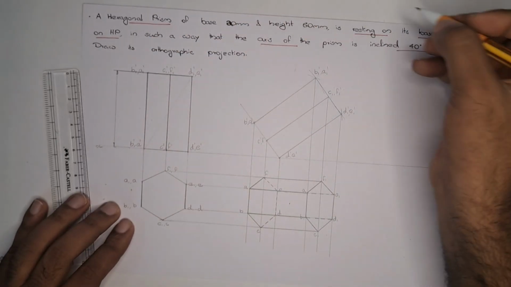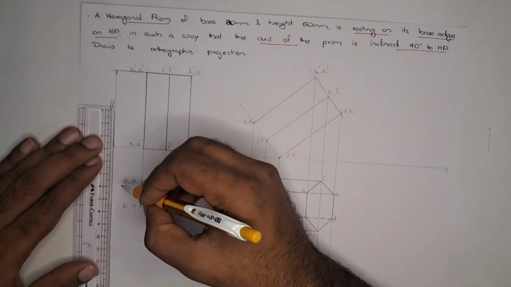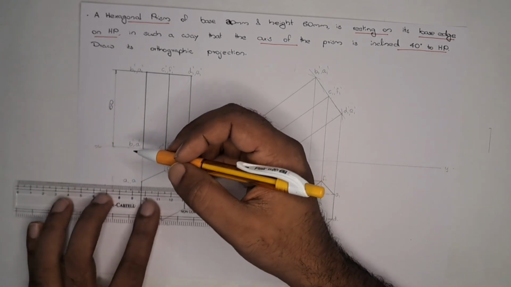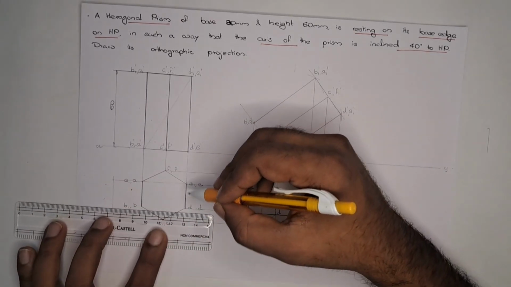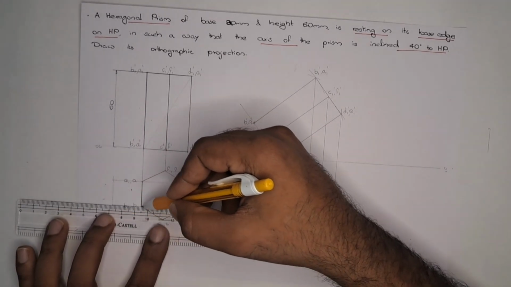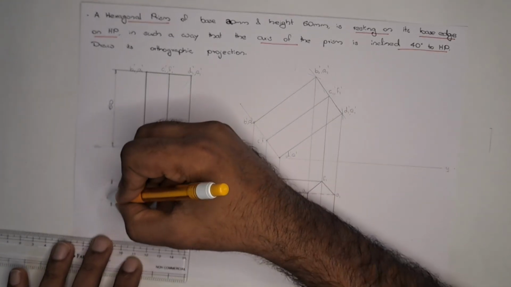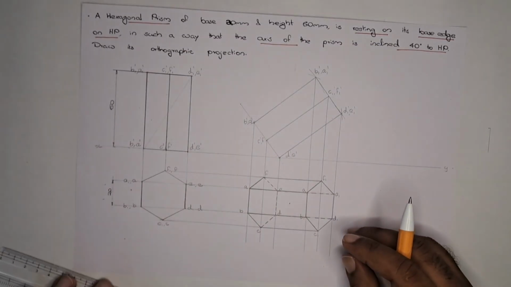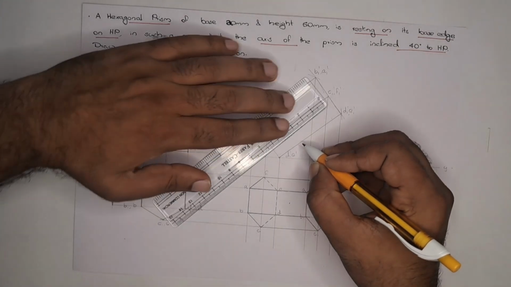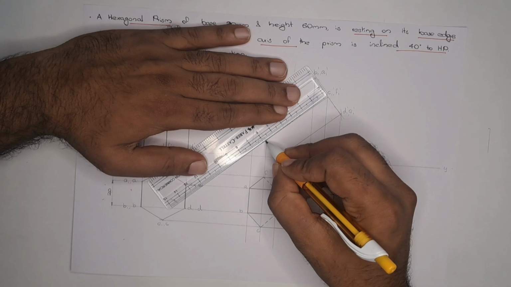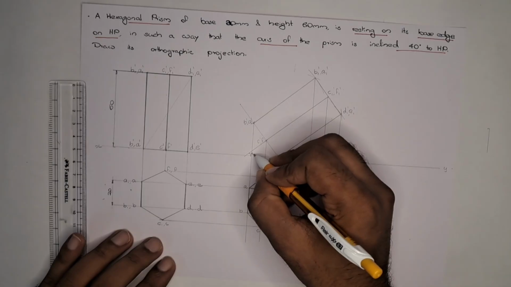So it is given as 60 mm. So this is 20 mm, and this angle with the axis is 40 degrees.